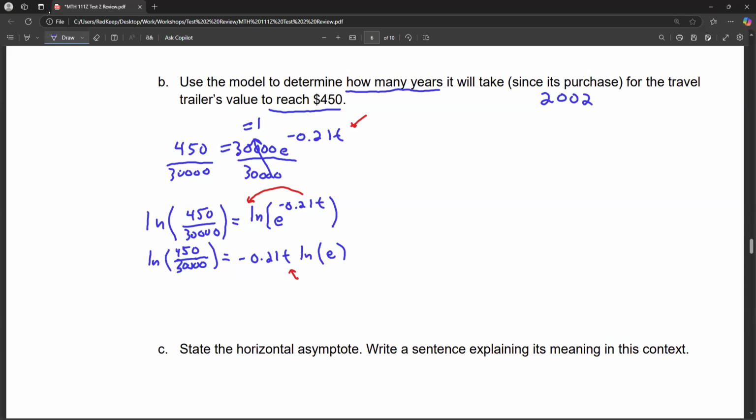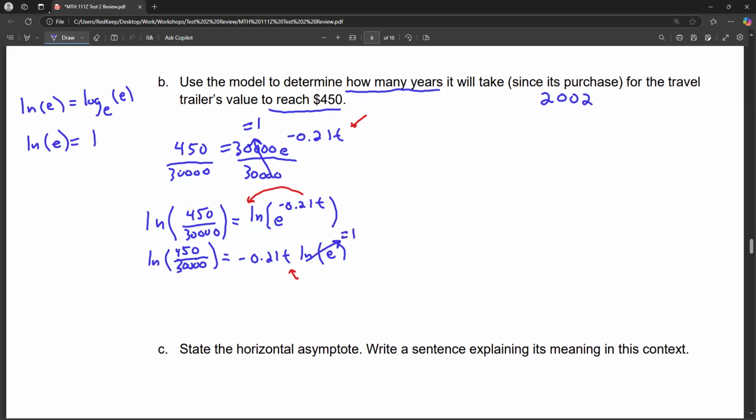The natural log of e is equal to 1. Another way to see it is that the natural log is just a log with base e, so this is log base e of e, and we know that's just equal to 1. So this guy right here is equal to 1.